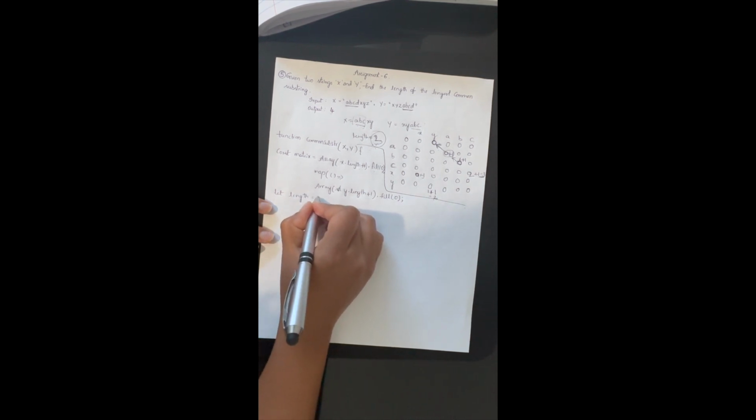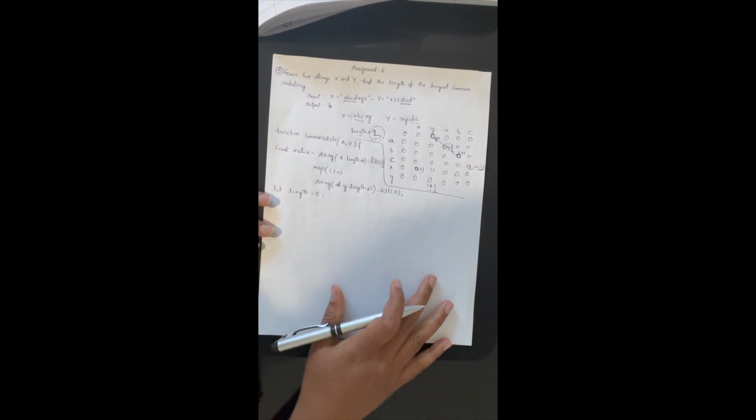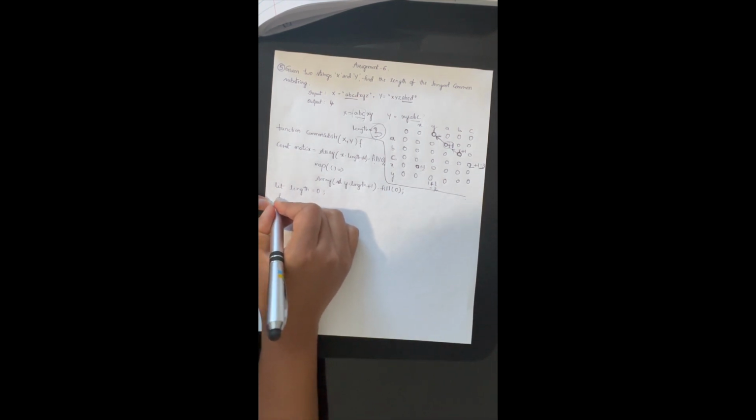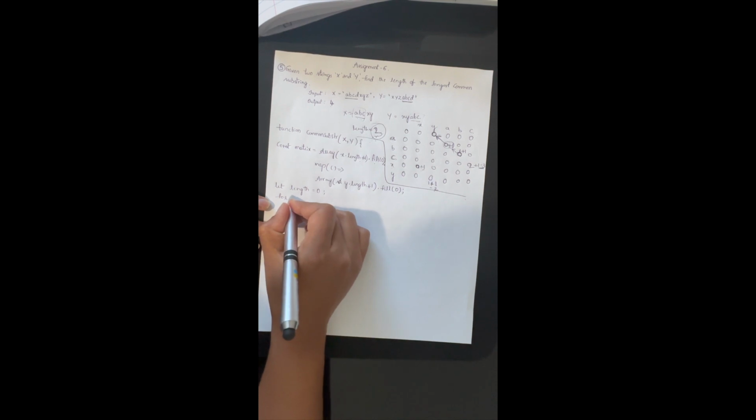And let's initialize the variable length to keep track of the longest common length. Now let's start iterating through the strings.